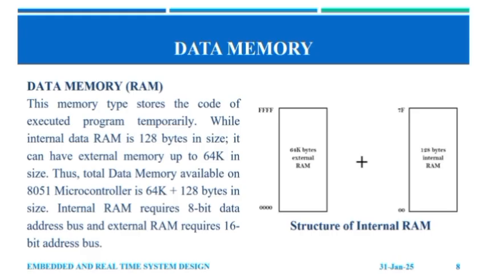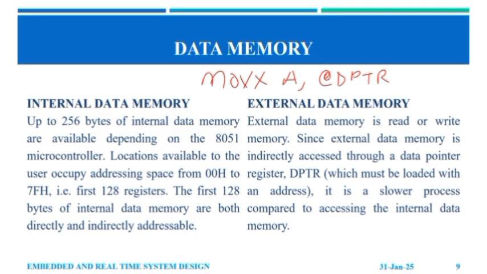So this is the structure of it. You have the internal and the external. In most cases, we will tend to use the external RAM as well, because it's 16 bits, and our microcontroller is a 16-bit microcontroller. We'll have the internal RAM and the external RAM.